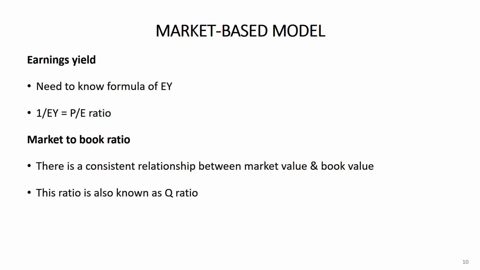At that time you should know that they are asking for the market to book ratio only, market to book or Q ratio. They can use interchangeable words, any words they want, but you should know what it means. And also that there's a consistent relationship between the market value and the book value. That relationship you should know, right?